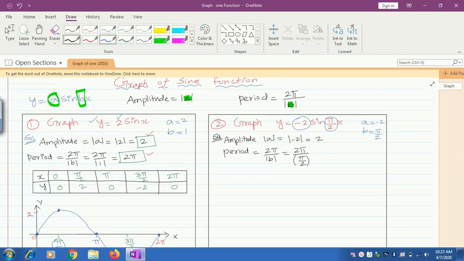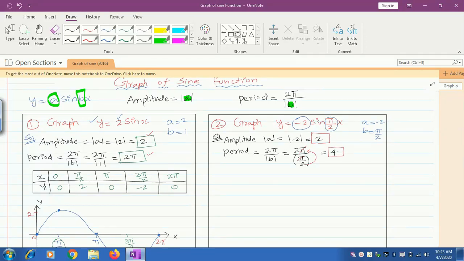What happened here? The pi with the pi will cancel, so the 2 goes up, so you'll have the value equal to 4. 2 2s are 4. So I got the amplitude and the period.